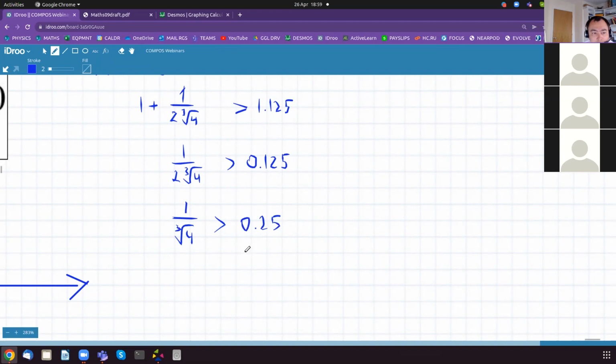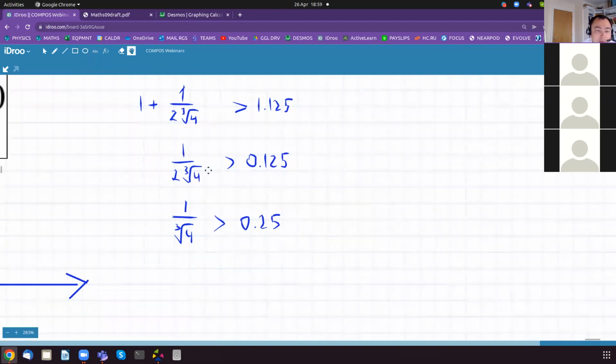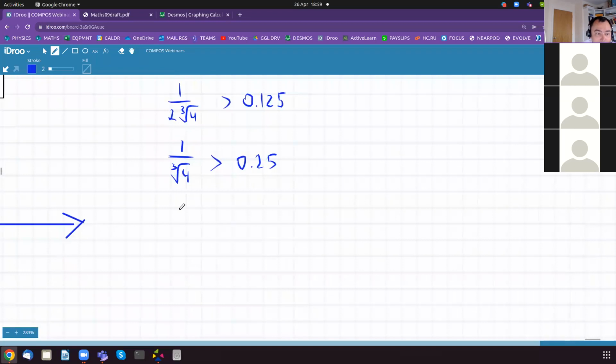Have I made a mistake here? No, I haven't. So I multiplied both sides by 2. And now I cube both sides. I get a quarter is greater than 0.25 cubed, which is nonsense, which is not true.